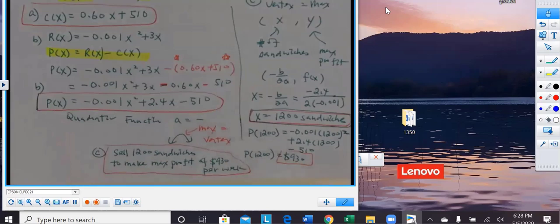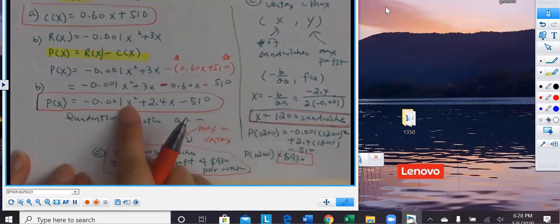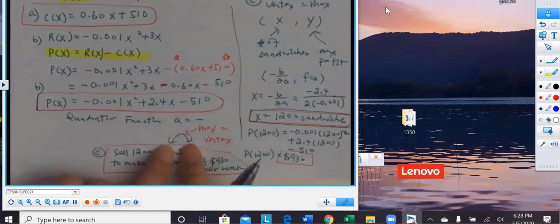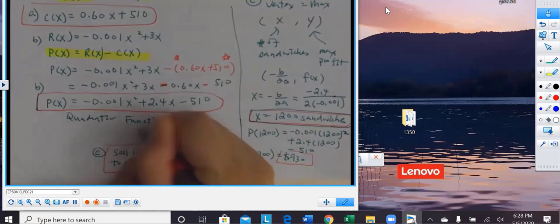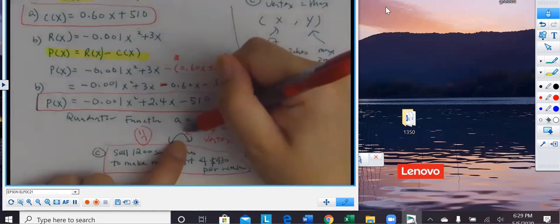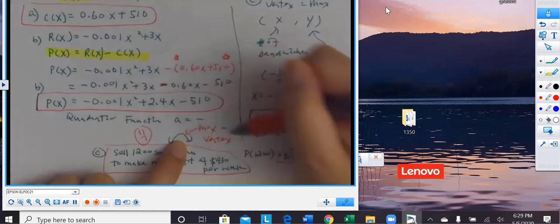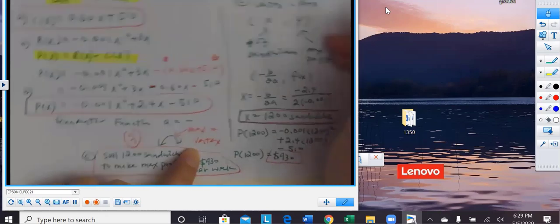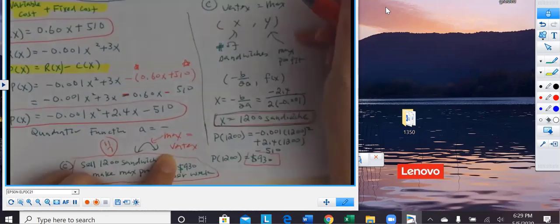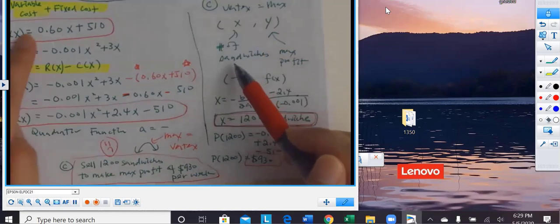And then they want to know the maximum profit. So this is a quadratic, which is a parabola with a negative. So it means it's going to be an open down parabola, right? So it will have a maximum value. That maximum value is the same as the vertex. So we need to find the vertex basically. The x part represents how many sandwiches.